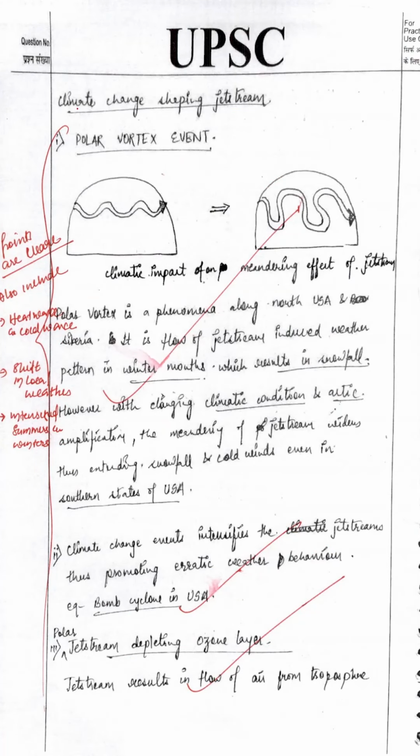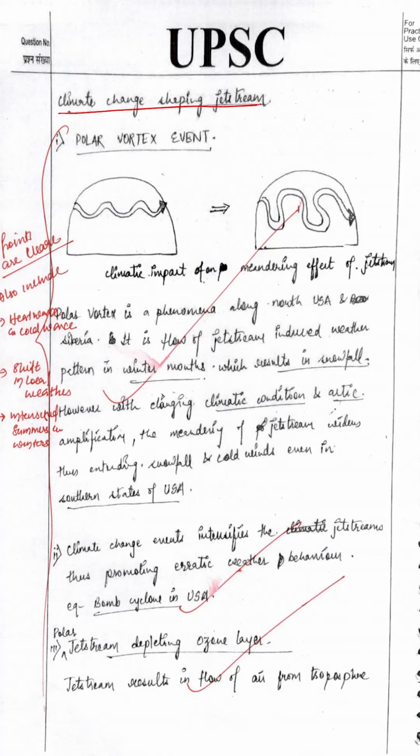Now the climate change and shaping of the jet stream. Climate change provides more energy to the jet stream. Okay, first thing. Second thing, climate change is also resulting in the higher cooling of the polar regions. So these two conditions are making jet streams intense.